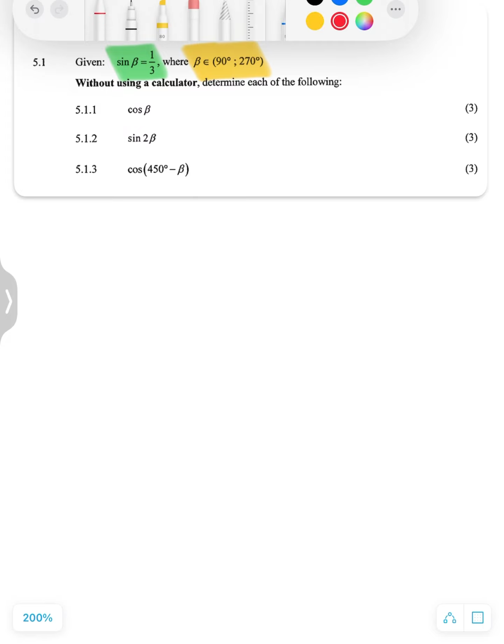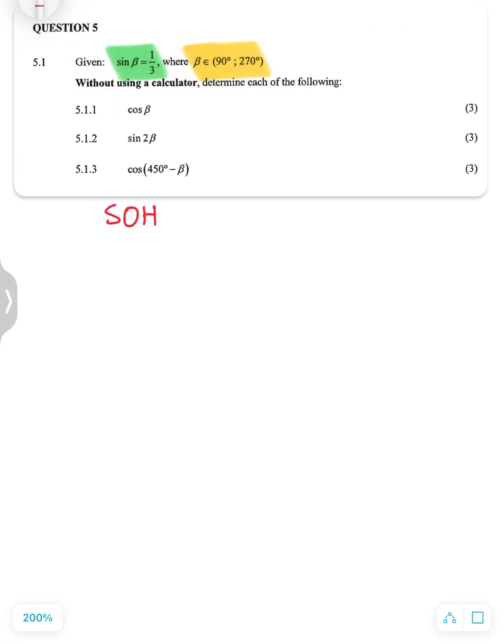So if you use that information, first I'm going to start with SOHCAHTOA. This helps us to know the trigonometric ratios and which side of the triangle will be for that trigonometric ratio.